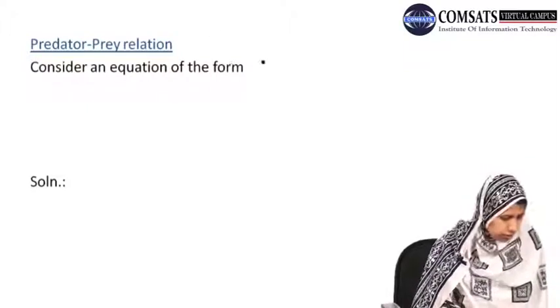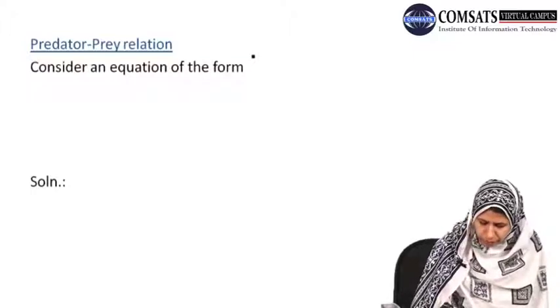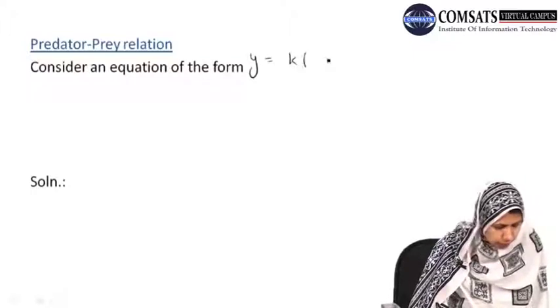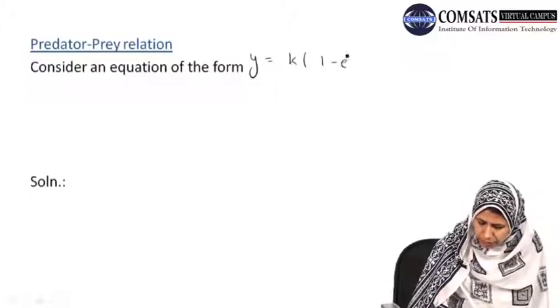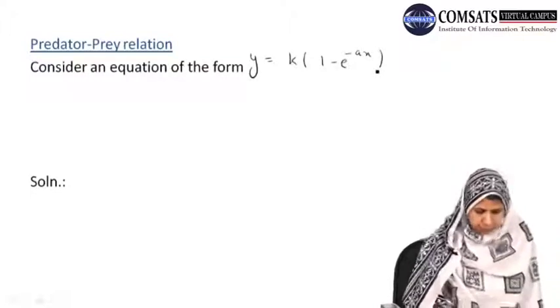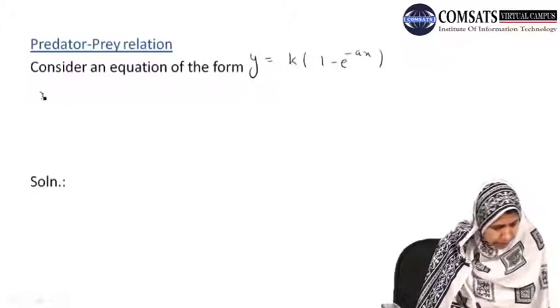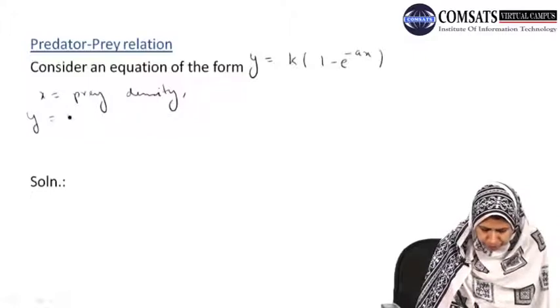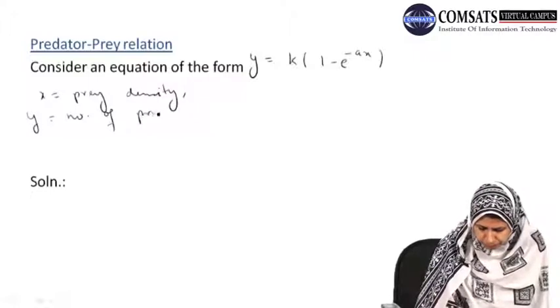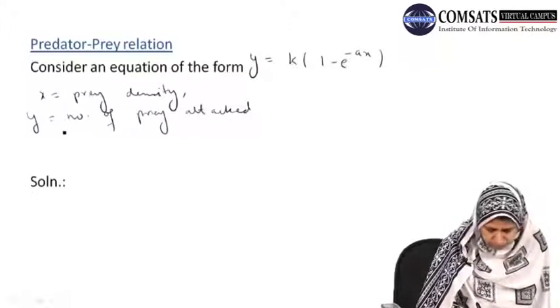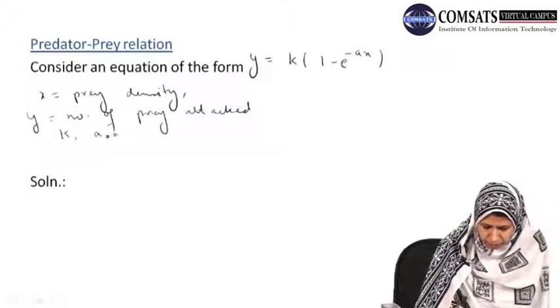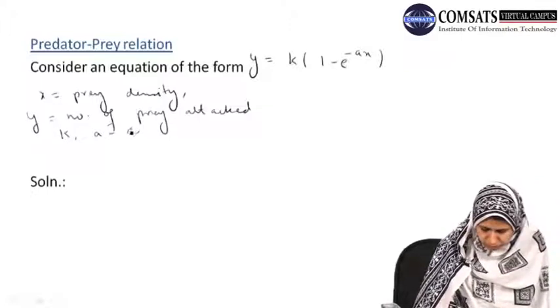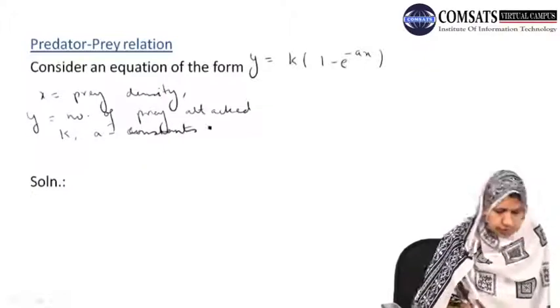Consider an equation of the form y is equal to k into 1 minus e to the power minus ax, where x is the prey density, y is the number of prey attacked, and k and a are constants.